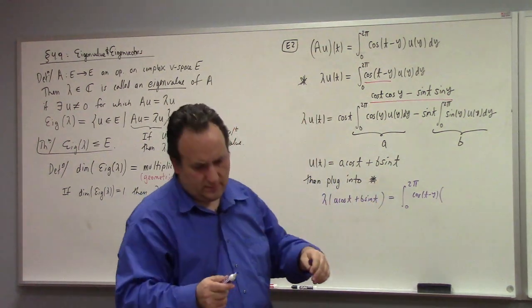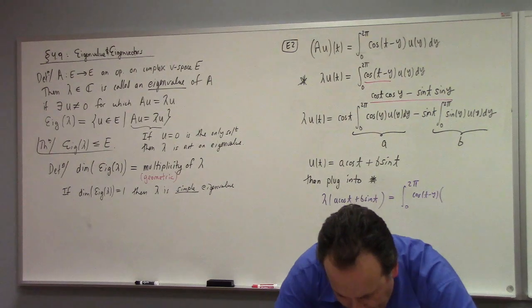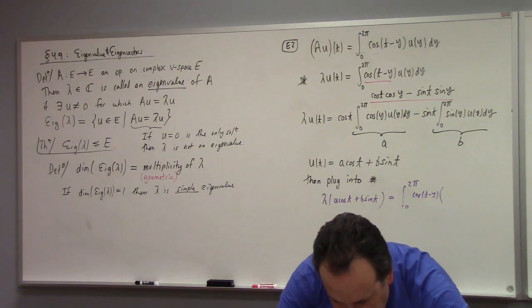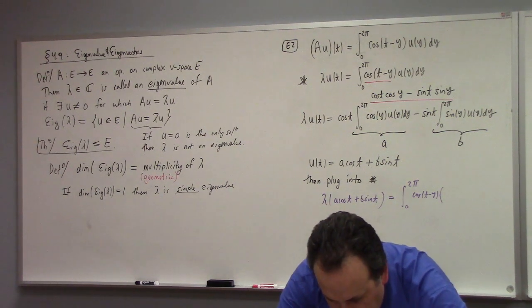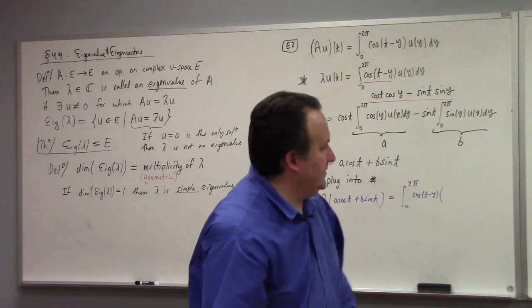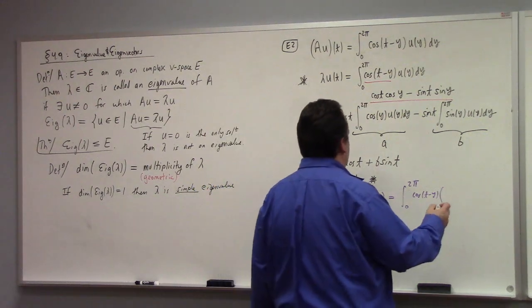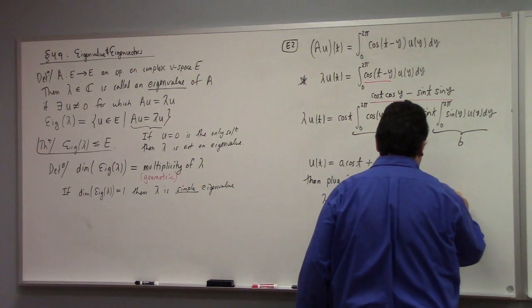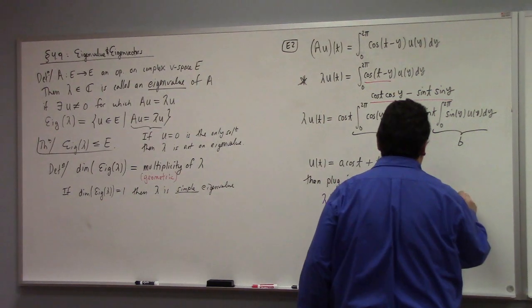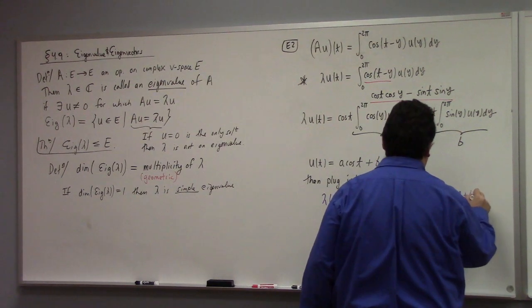Yeah, you're teasing me. Oh, okay, well, that is what he does. All right, fine. So we've got A cosine y plus B sine y, is that right?